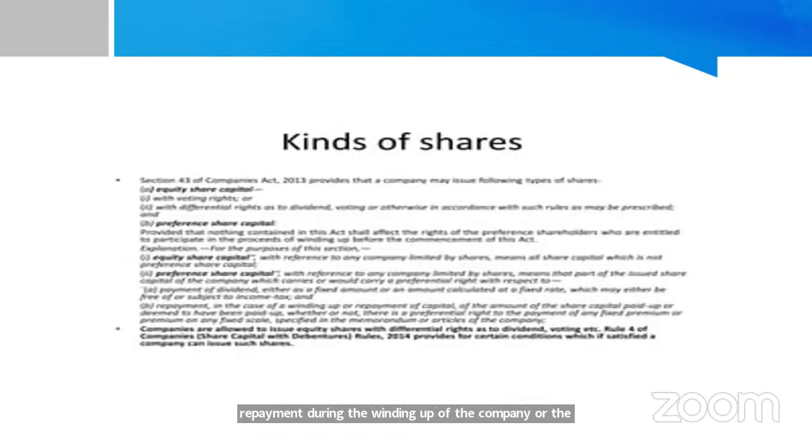So when the company goes for a winding up or is closed down for any reason, then after paying off all the creditors and outstanding debts, whatever is remaining, when you are paying to your shareholders, first the payment will be made to the preference shareholders. Okay. So because of these two preferential rights, they are known as preference shareholders.